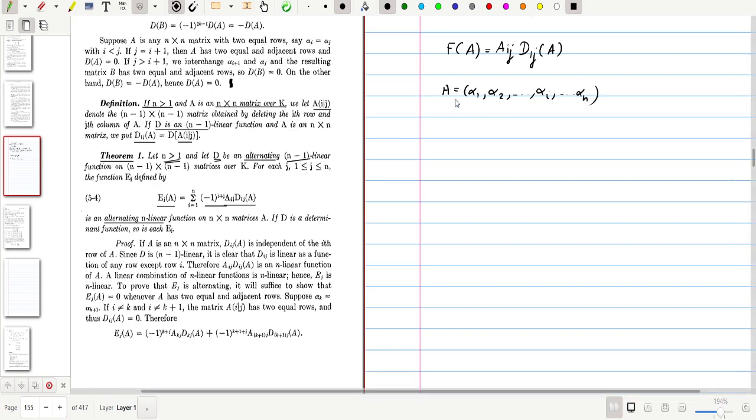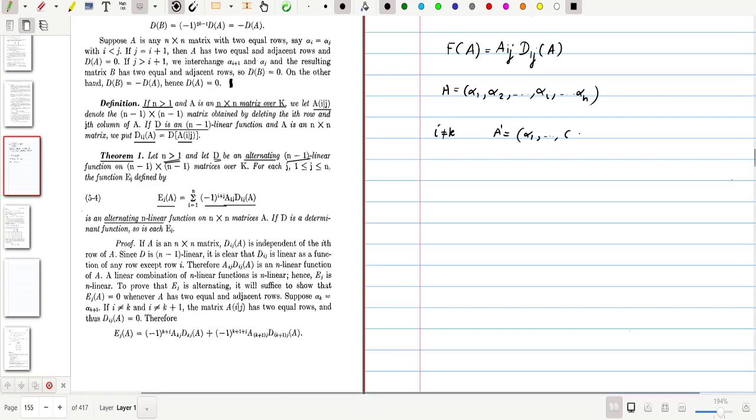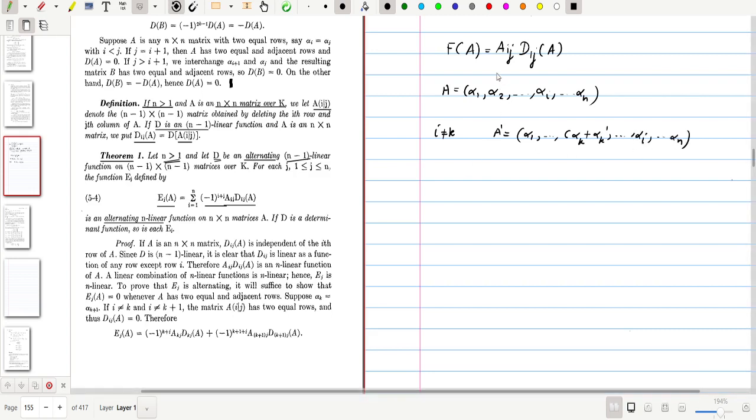We need to prove that when we replace each row of this A by C times that row plus that row prime, that is, first you take a row which is not equal to the ith row, choose a kth row with k not equal to i, then you define matrix A prime as alpha 1, etc., C times alpha k plus alpha k prime, etc., alpha i, etc., alpha n. We need to prove that this f is n-linear.